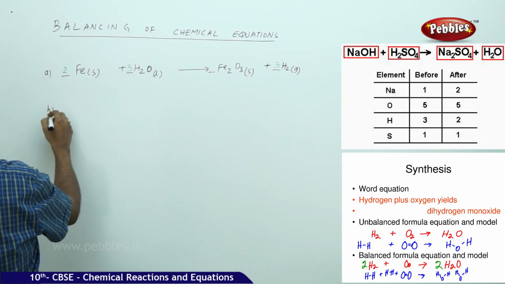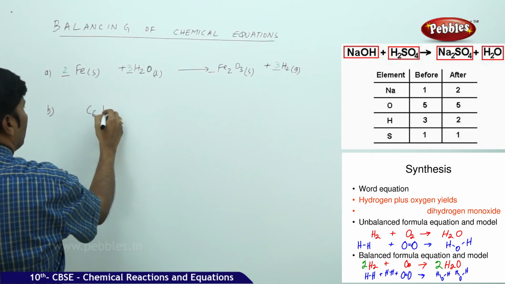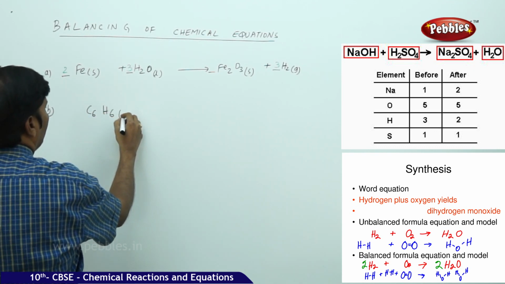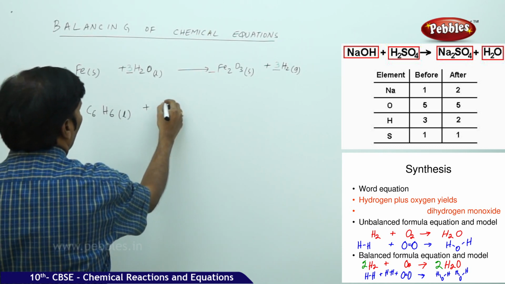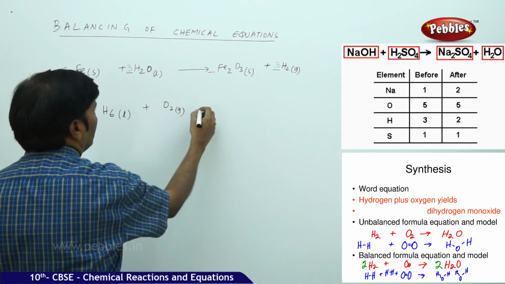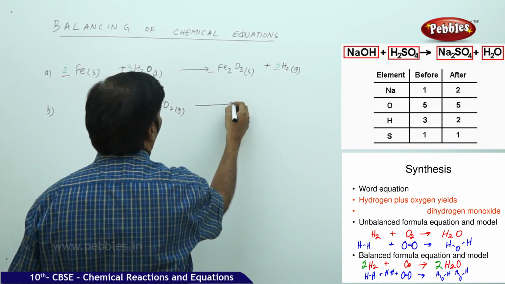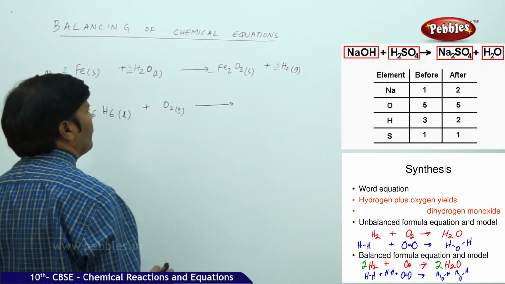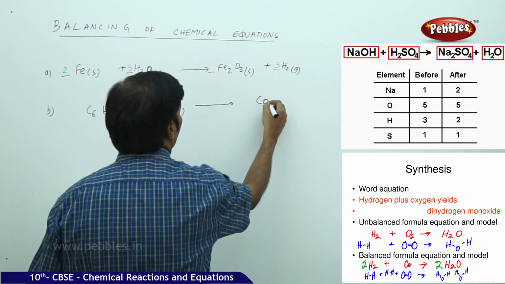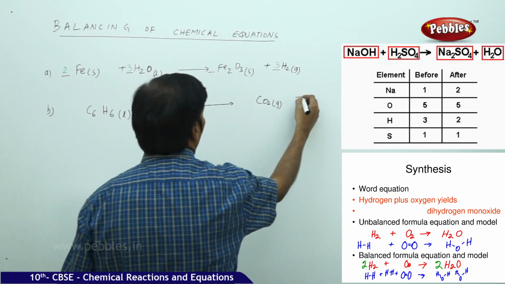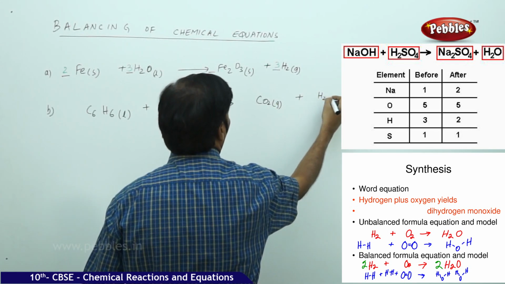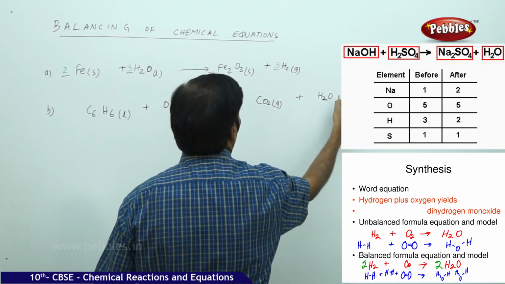Go for the second one. Suppose I am taking C6H6, benzene, which is liquid, plus oxygen gas, gives rise to carbon dioxide gas plus water liquid.